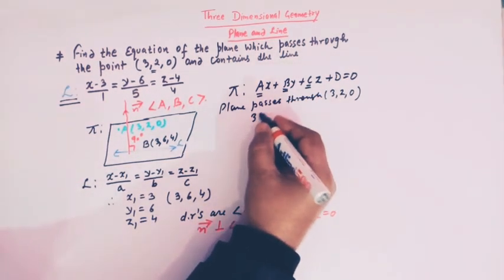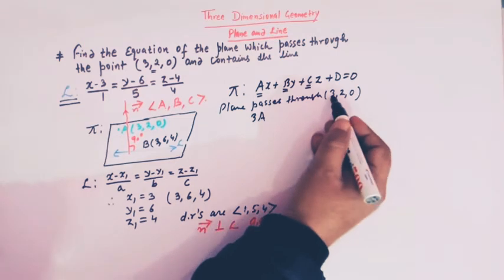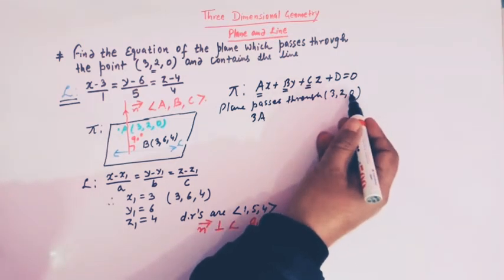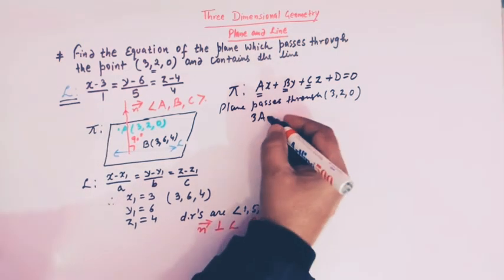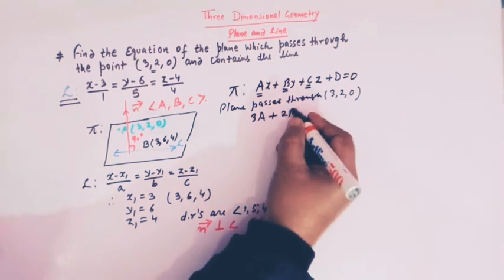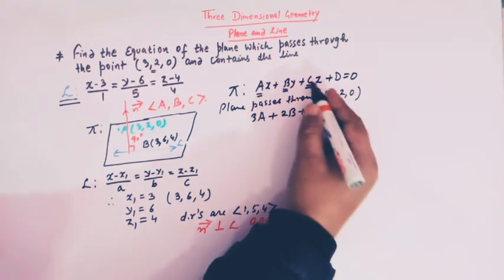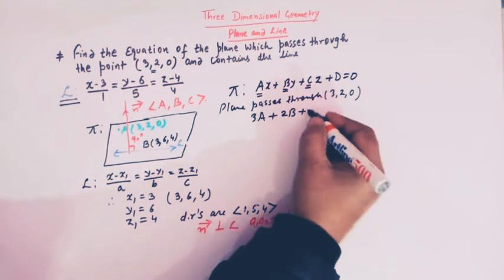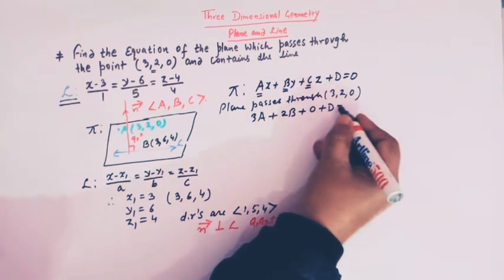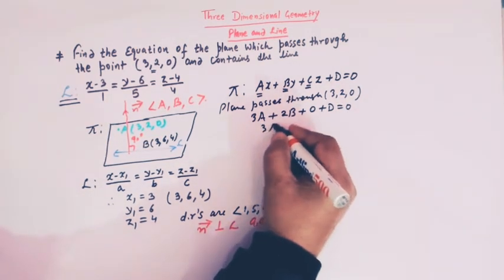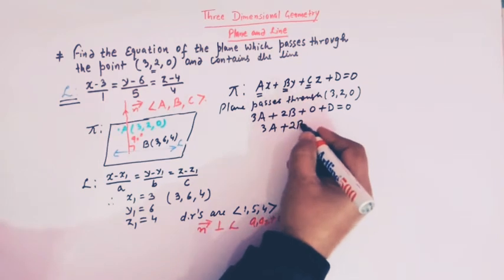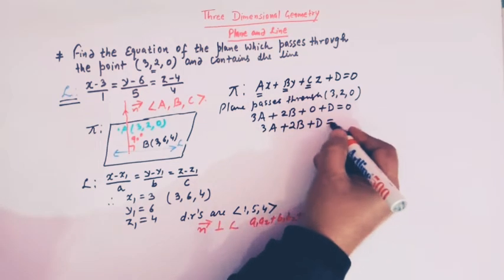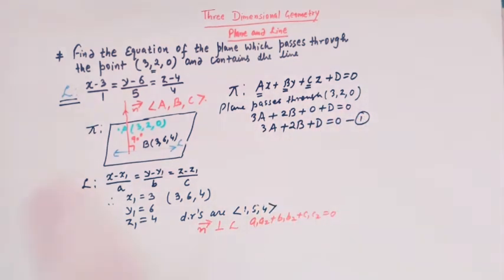Taking x = 3, y = 2 and z = 0, we have 3a + 2b + 0 + d = 0. So we have 3a + 2b + d = 0. This is the first condition.